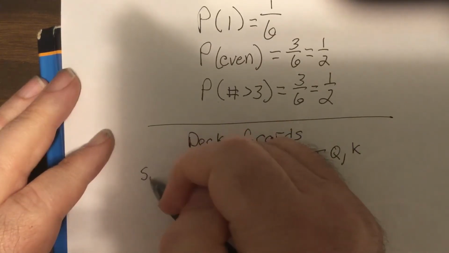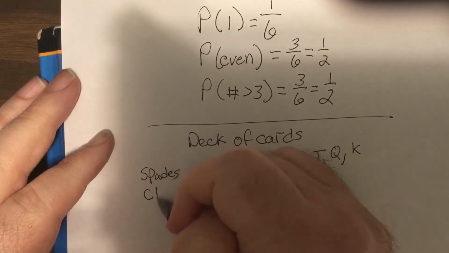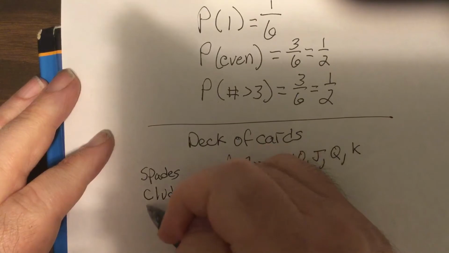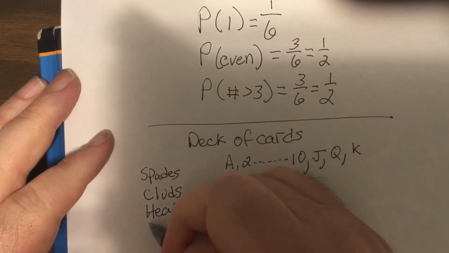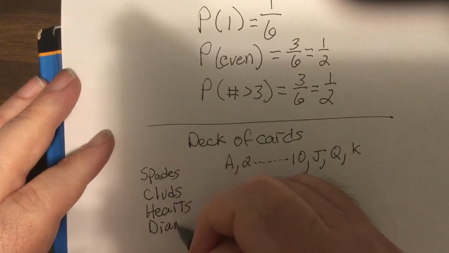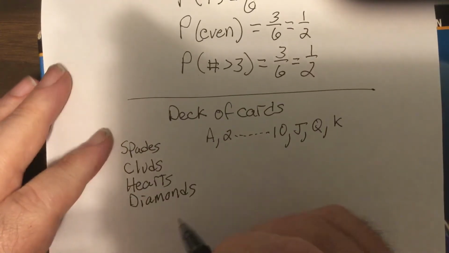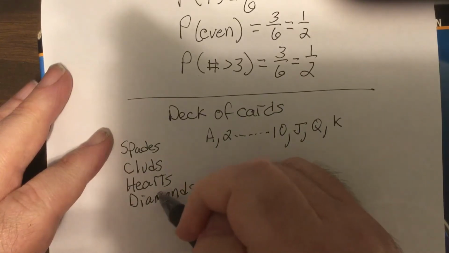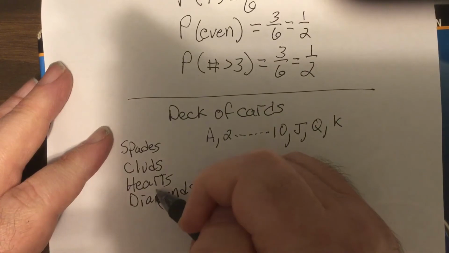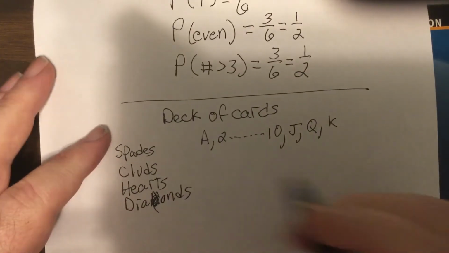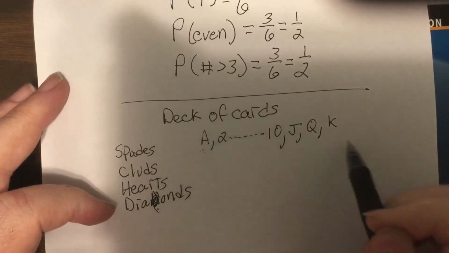There's spades, clubs, and there's hearts, and there's diamonds. So each suit is what they're called. I spelled that wrong. I can't even read my own writing. Sorry about that. So there's 4 suits that go ace through king.